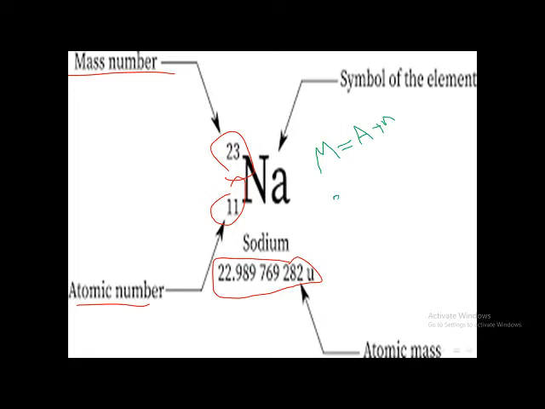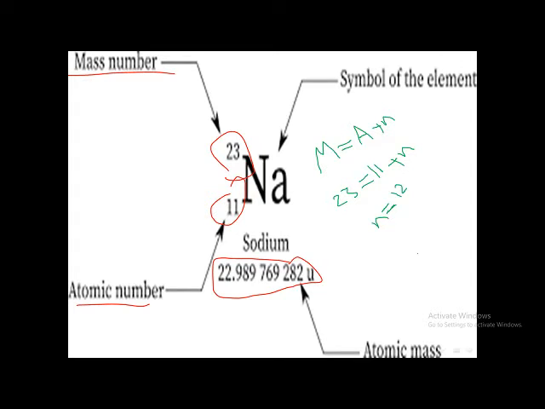So we have 23, 11, plus the number of neutrons. So the number of neutrons is 23 minus 11. This will be 12. We have 12 neutrons.